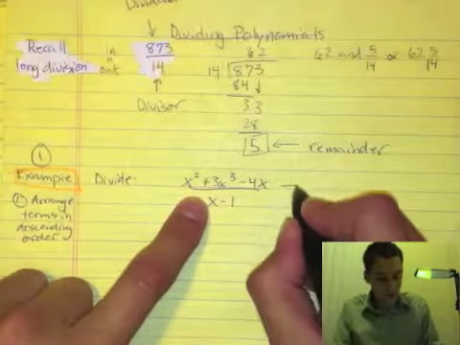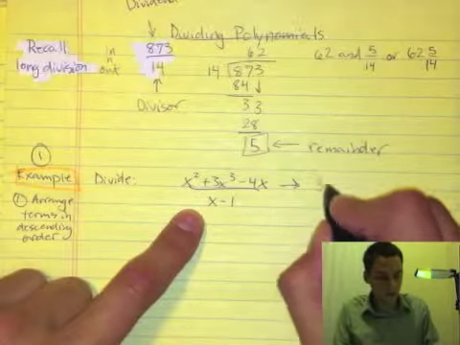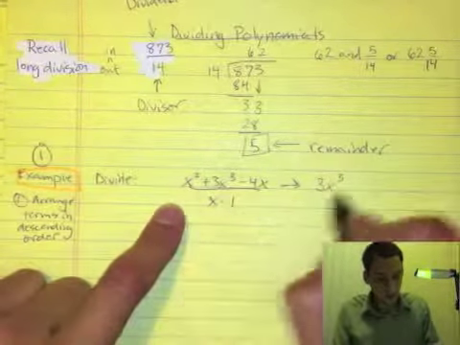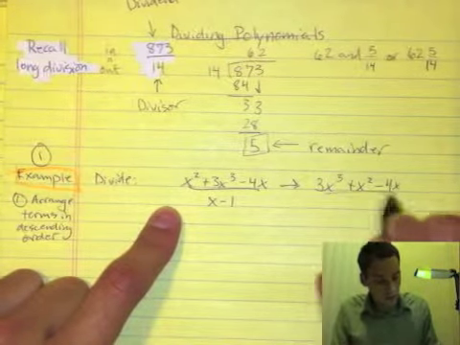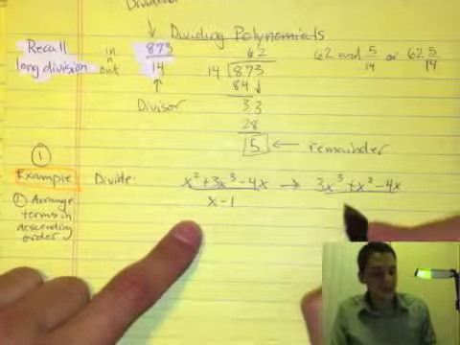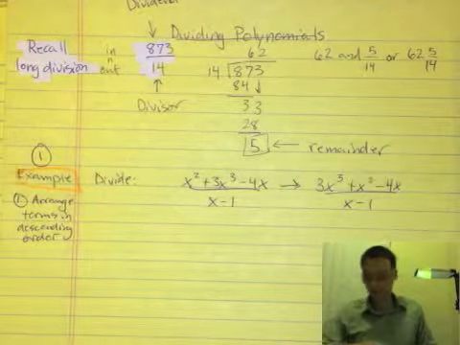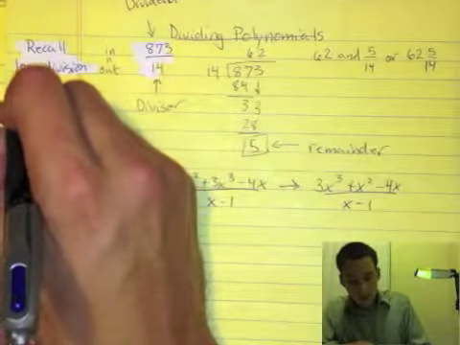So in this case, this is the highest power, so we'll have 3x cubed, this is the next highest, and it's positive, so plus x squared minus 4x. This is already in descending order, so I have x minus 1 on the bottom. And then remember in and out, so I'm going to put that as a note up here.